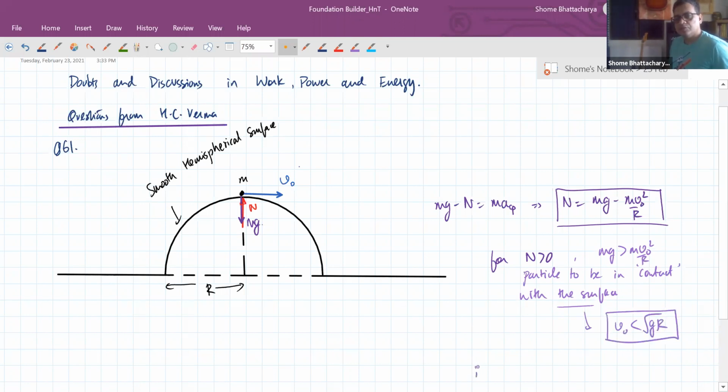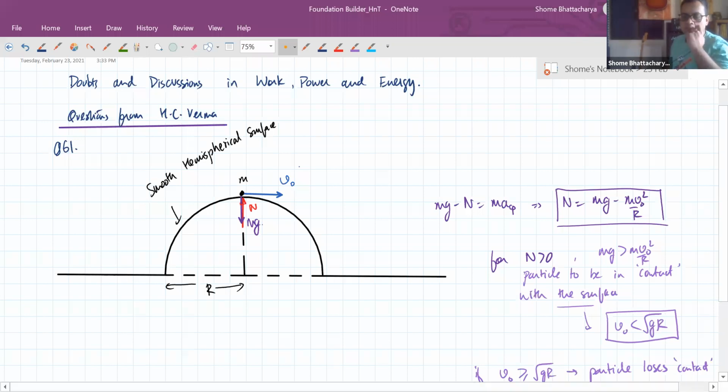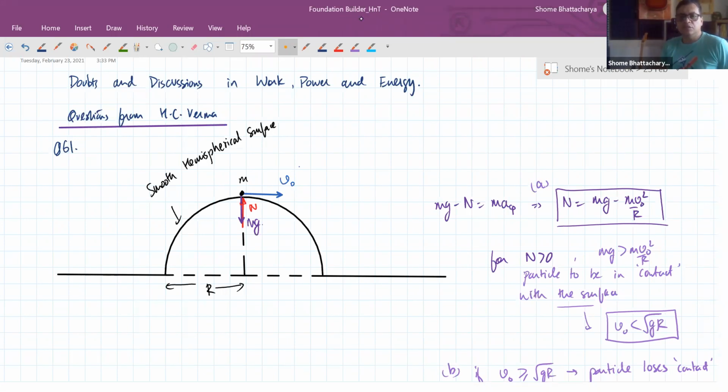So in other words, if v naught is greater than or equal to root gr, then the particle loses contact with the surface at the top. So that answers your part B also. So this is clear so far. Kunj, this is clear, na?